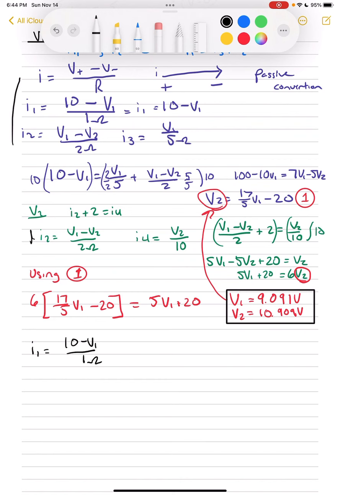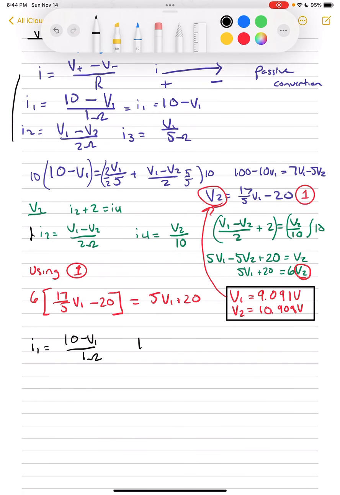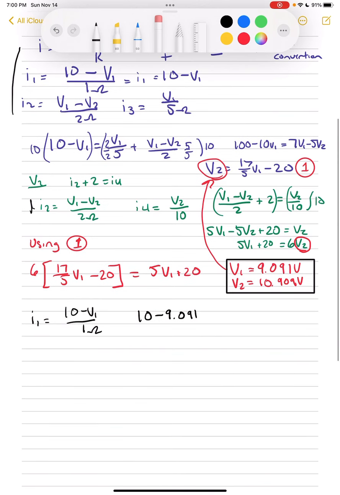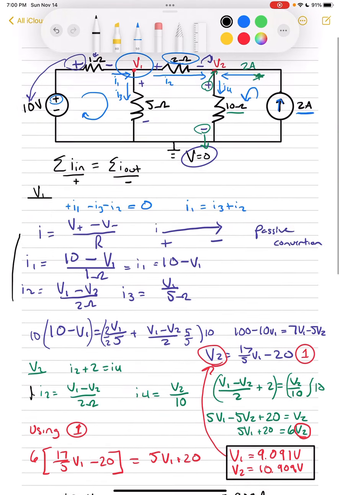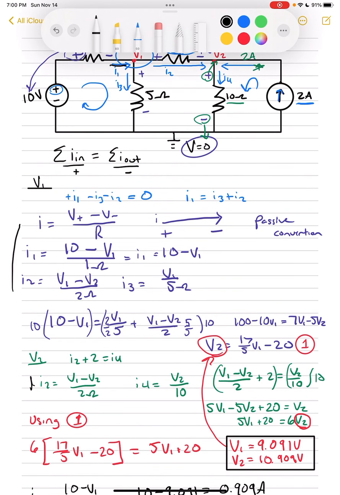So now that we know what V1 is, we can just plug that in, and we'll end up getting 10 minus 9.091, which is equal to 0.909 amps. And so basically what that means is that the current running into this voltage source here is 0.909 amps.